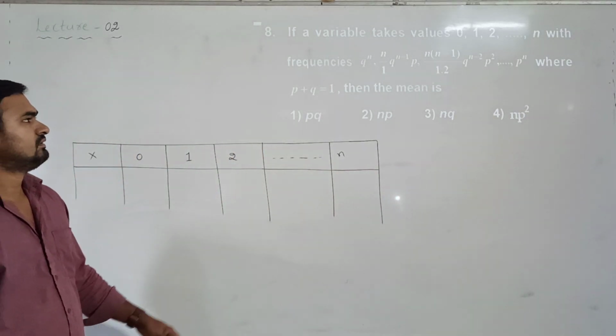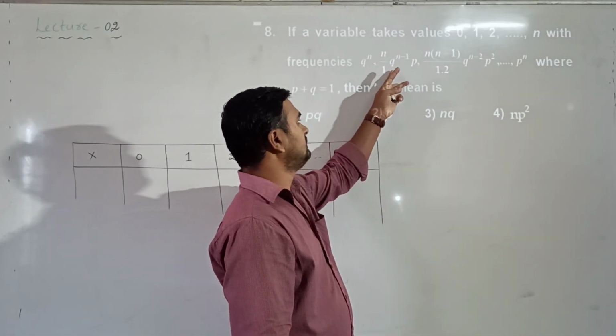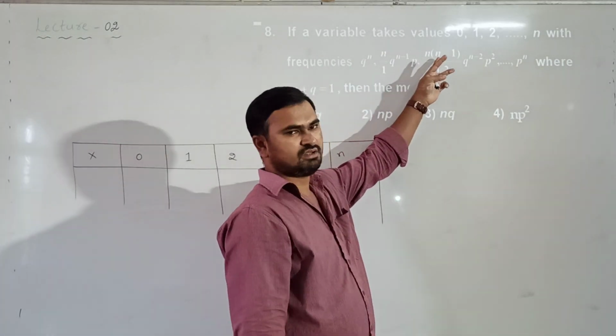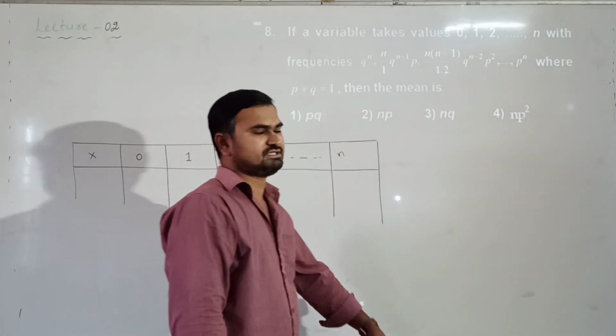Next, their frequencies are given: q power n, n by 1 into q power n minus 1 into p, n into n minus 1 by 1 into 2 q power n minus 2 into p square and so on.